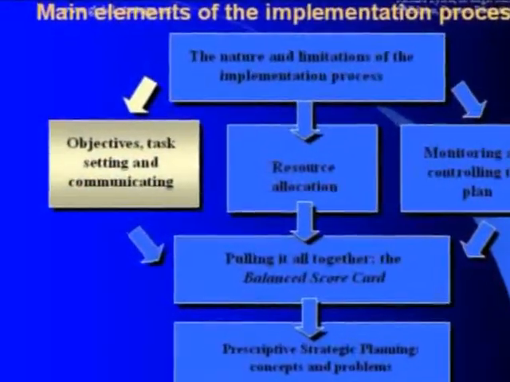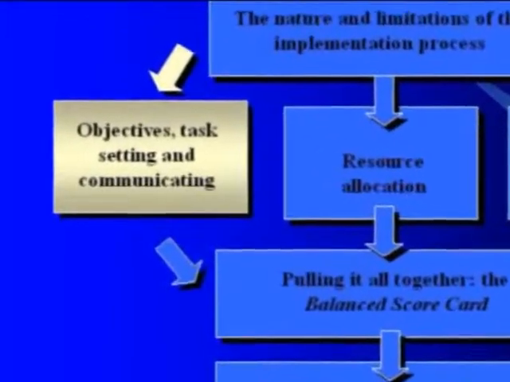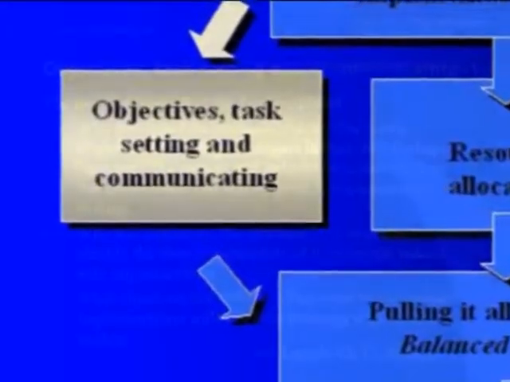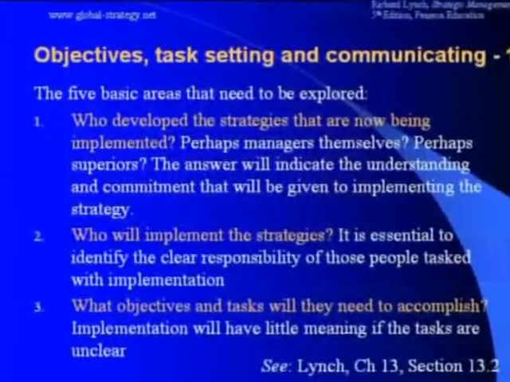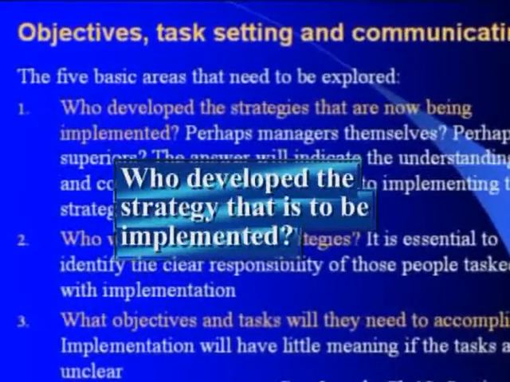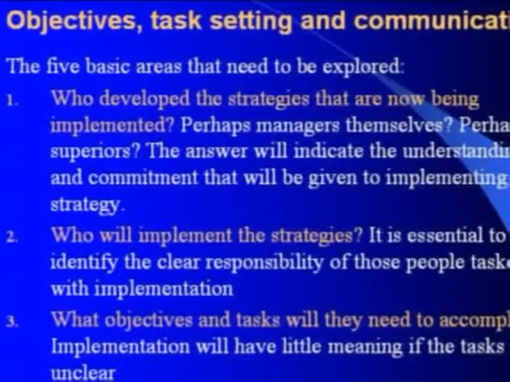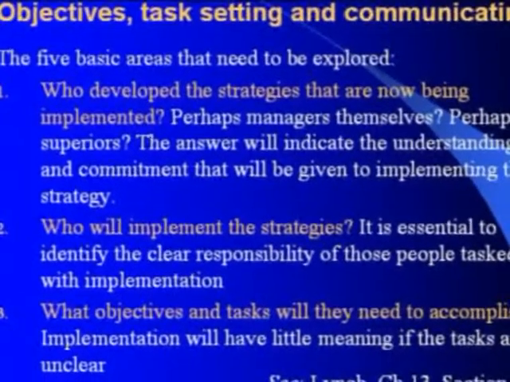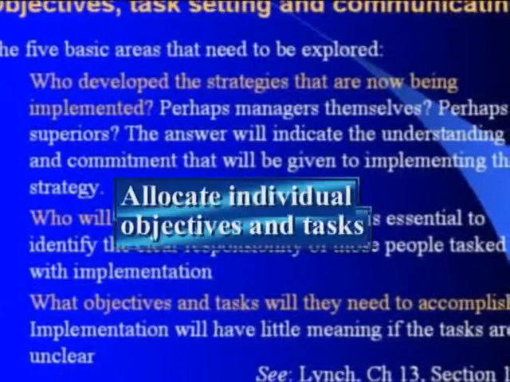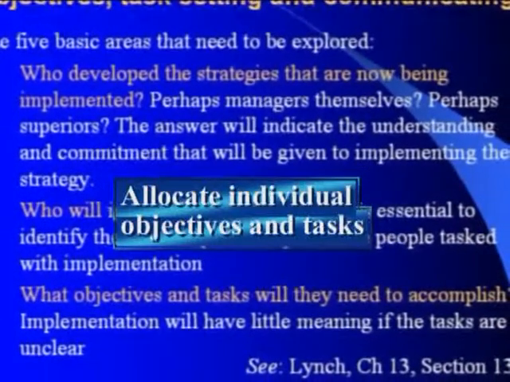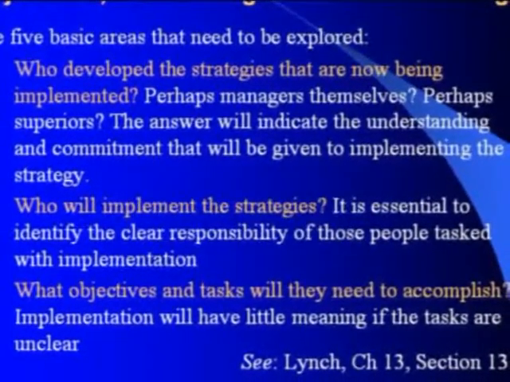With regards to objectives, task setting, and communicating the strategy, it's useful to establish first who developed the strategy that is to be implemented. This will influence the implementation process. Individual objectives and tasks will then follow from the agreed objectives.